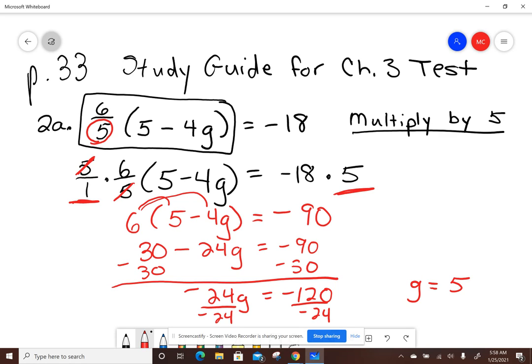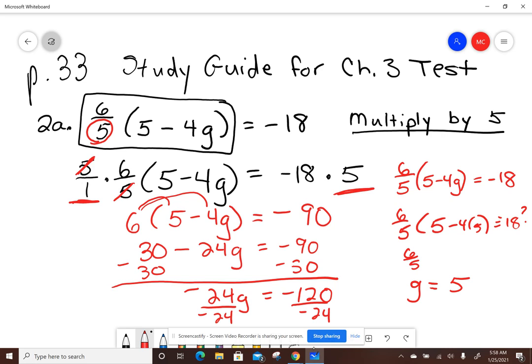Okay? Now, to check this, I rewrite my original equation, 6/5 times 5 minus 4g equals negative 18. I plug in 5 for g, so I get 6/5 times 5 minus 4 times 5 equals negative 18. 4 times 5 is 20. 5 minus 20 is negative 15.